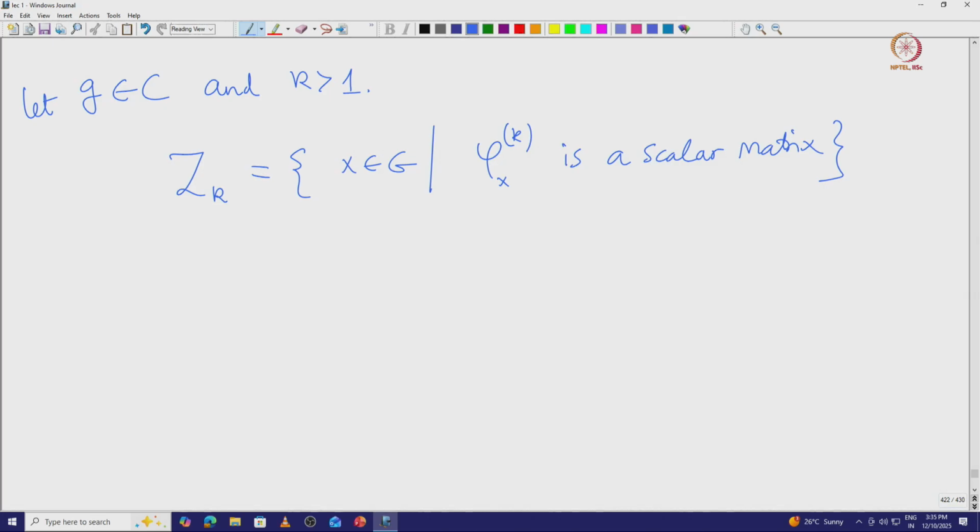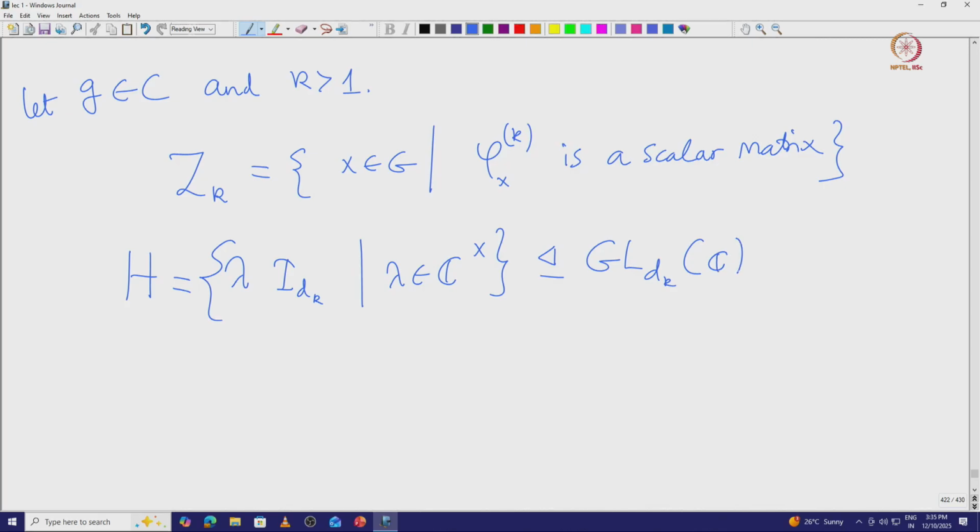Now, note that if we take this capital H, which is all possible scalar matrices lambda times identity d k, where lambda is in C star, that is indeed a subgroup of GL d k of C, and it is a normal subgroup because this is the center of GL d k.